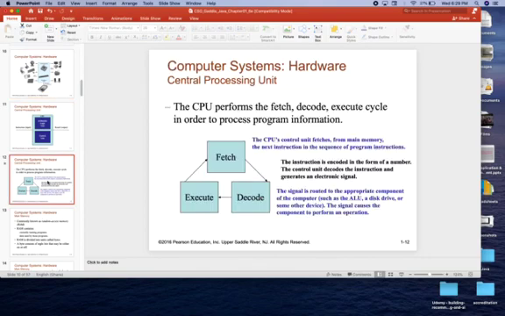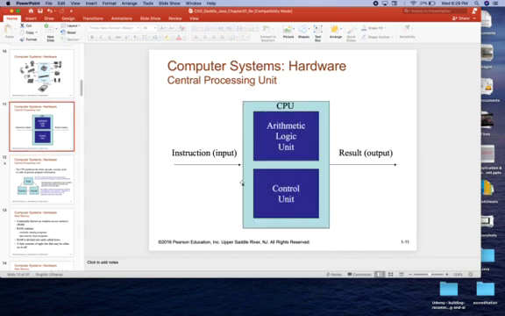Okay, so let me explain this. Inside of the CPU, we have the arithmetic logic unit, and then we have the control unit. Instructions come in as an input, and then the arithmetic logic unit will do the arithmetic side of it.